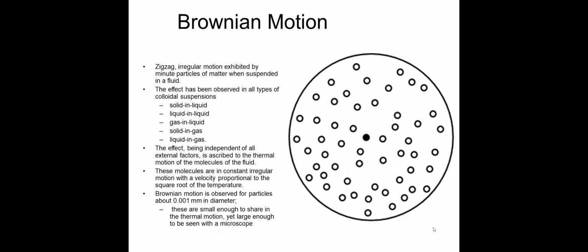It doesn't matter if it's solid in a liquid, liquid in a liquid, gas in a liquid, etc. We have this, what we call Brownian motion. And the effect of this Brownian motion is independent of all external factors. It's ascribed to the thermal motion of the molecules of a fluid.